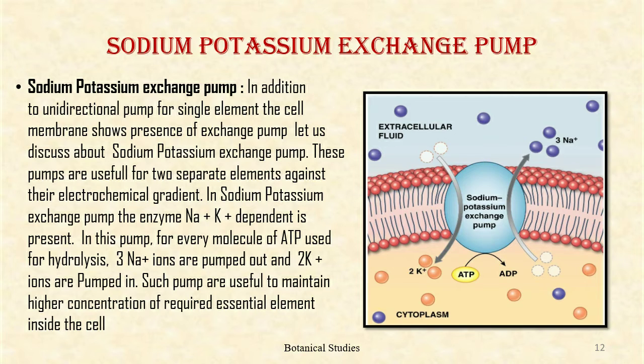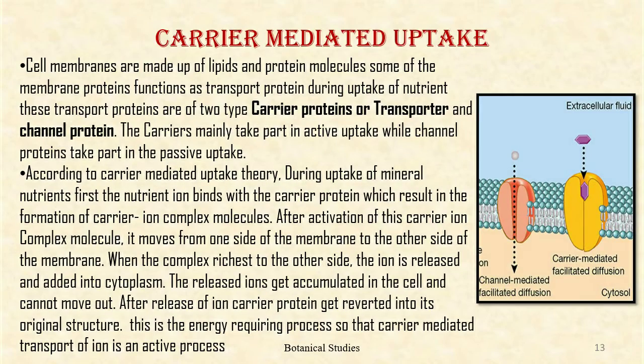In this pump, for every molecule of ATP used for hydrolysis, 3 Na+ ions are pumped out and 2 K+ ions are pumped in. Such pumps are useful to maintain a higher concentration of required essential elements inside the cell.